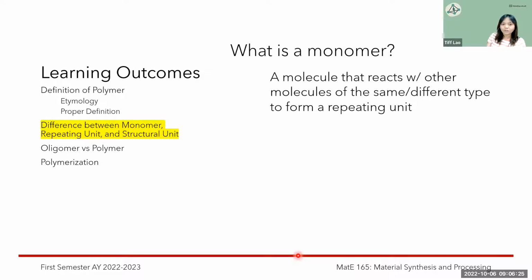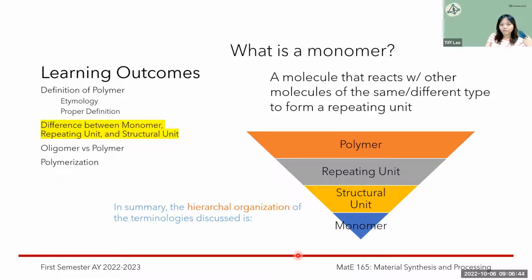It's just a molecule that reacts with each other to form structural units, and these structural units will combine to form a repeating unit. So in summary, this is the hierarchical organization of polymer terminologies: monomer, structural unit, repeating unit, then you will have a polymer. Gets? How about the others?